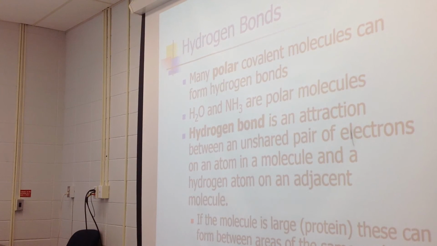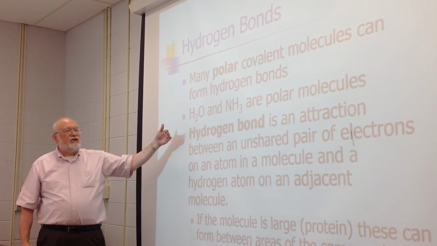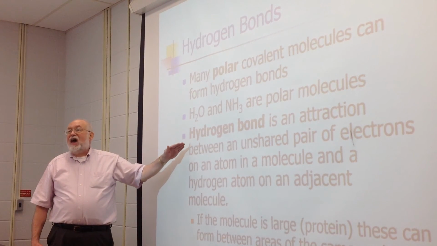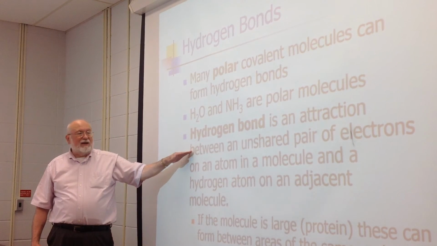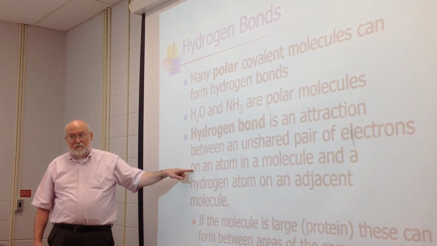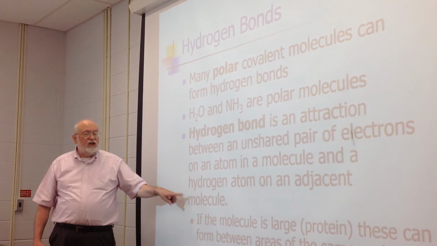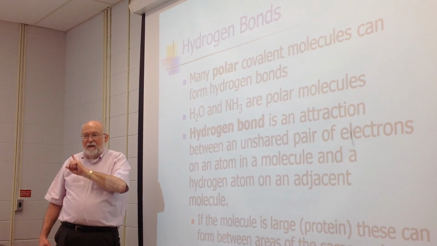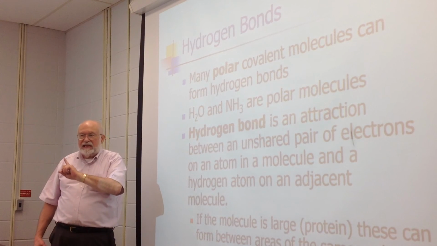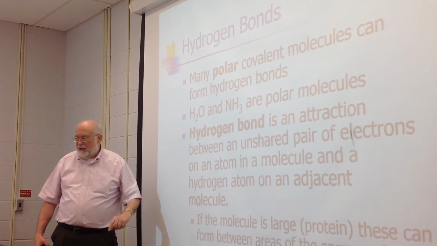All right, hydrogen bond. What is it? Here's the definition. An attraction between an unshared pair of electrons on an atom in a molecule and a hydrogen atom on an adjacent, and we probably should also throw in there closely spaced, molecule.